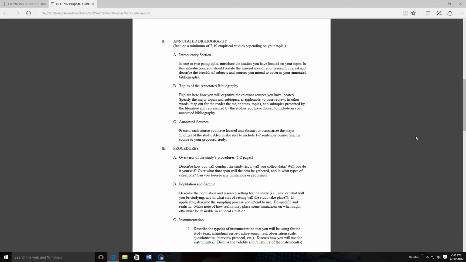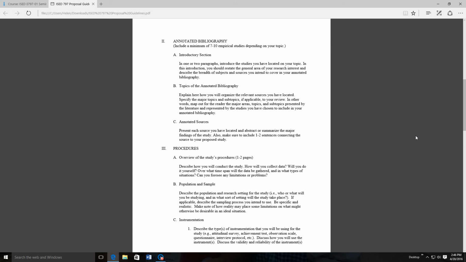And then in the process of presenting your annotated bibliography, I'd like you to give an overview of what the studies look like. And then basically present the annotated bibliography by topic. So some of you have written literature reviews or are thinking of writing a literature review.